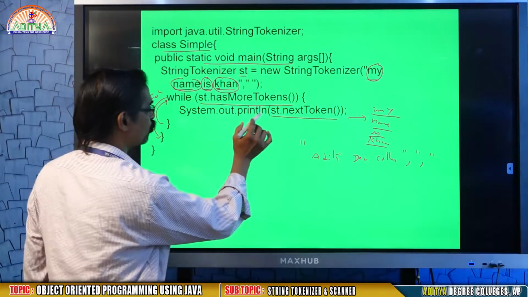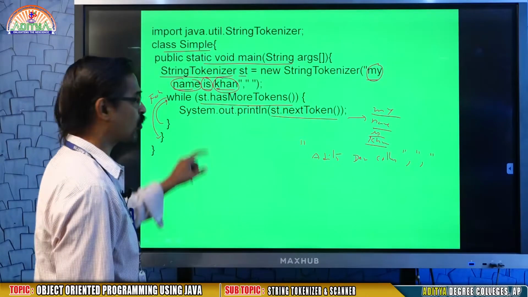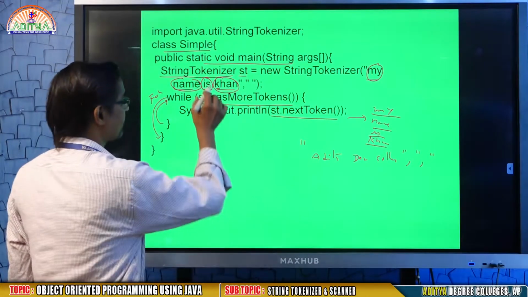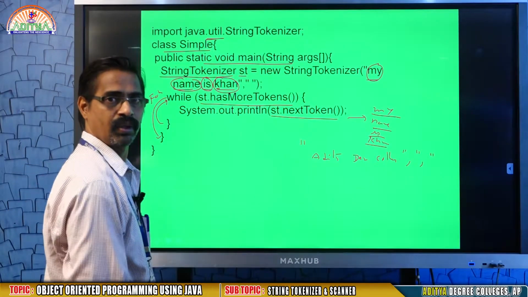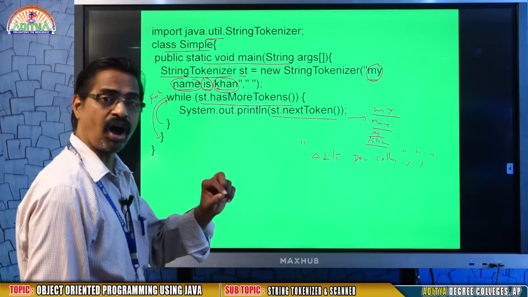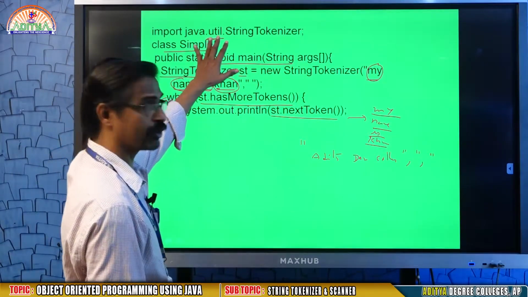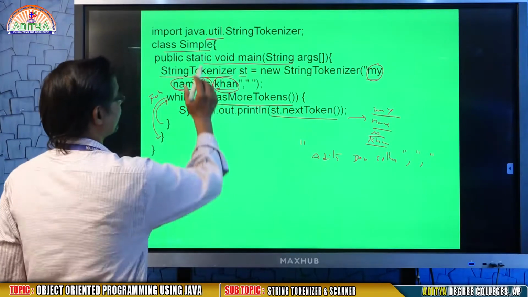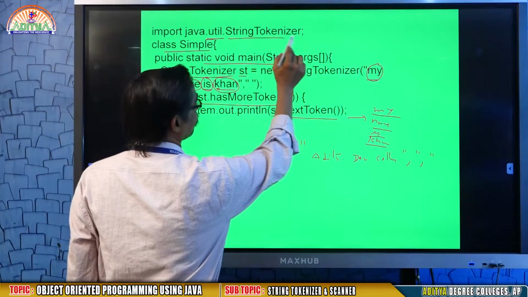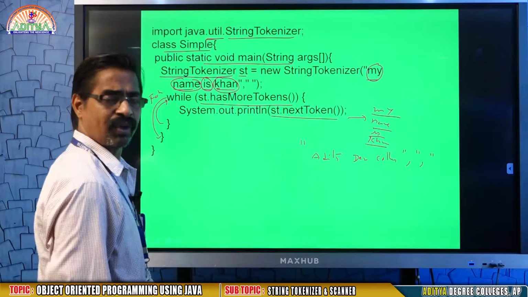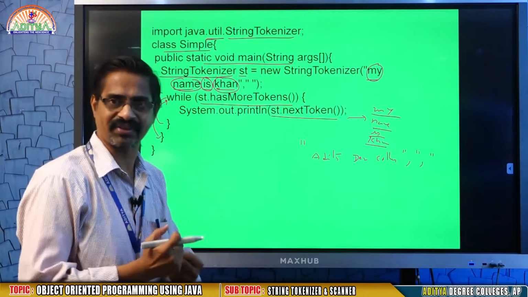Whenever you are going to use this tokenizer class, remember this class is available in the package called util. All these utility classes are available in the util package. So you must define it with import java.util and the class name. Really, from util I may want to import more classes.